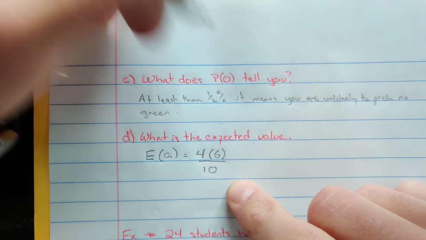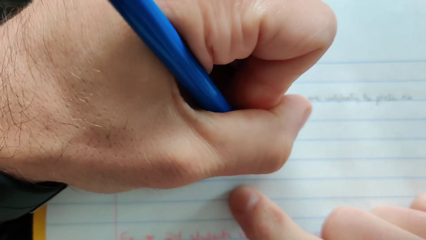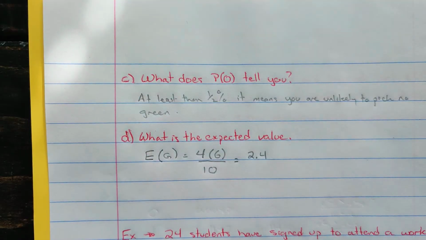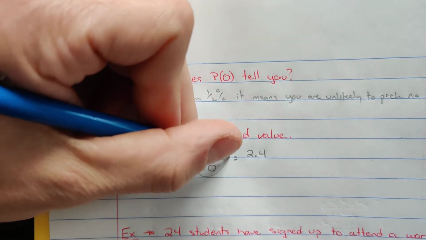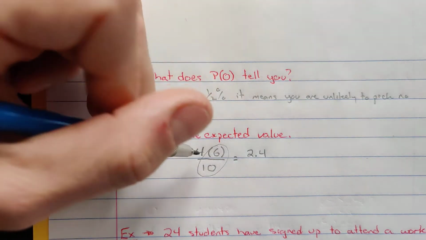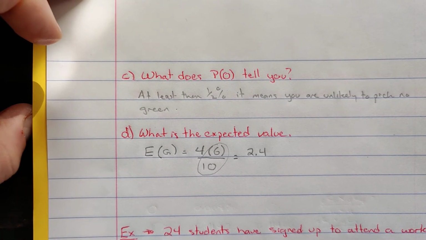Divided by the total number of outcomes, which is 10. And so when we multiply that out, we get 24 divided by 10, or 2.4. Do note that there's 6 out of 10 green, and we're multiplying that by the 4 times. So if there's a 60% chance of pulling a green in general, and we're pulling 4 times, 60% of 4 is 2.4. So there's our expected value, reading it a different way.